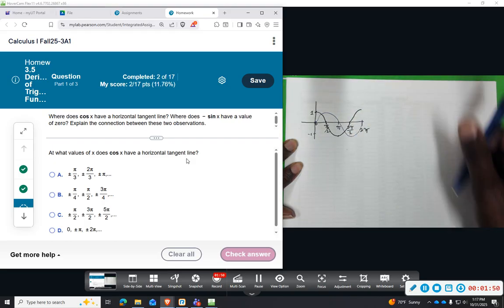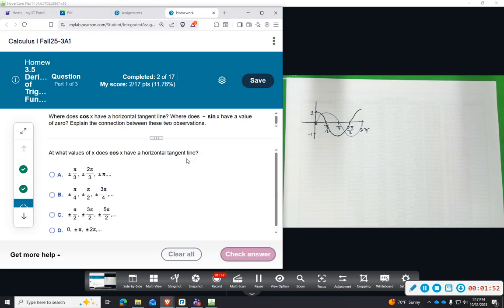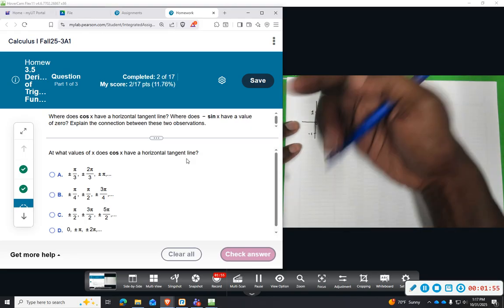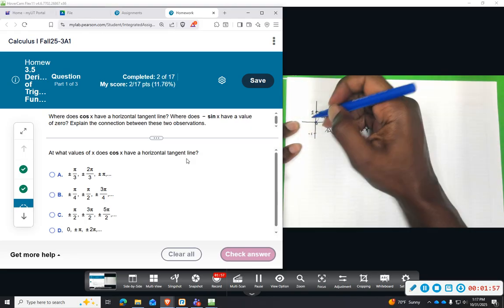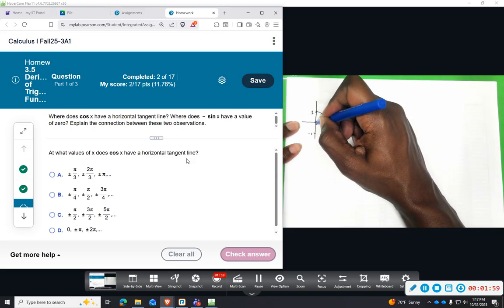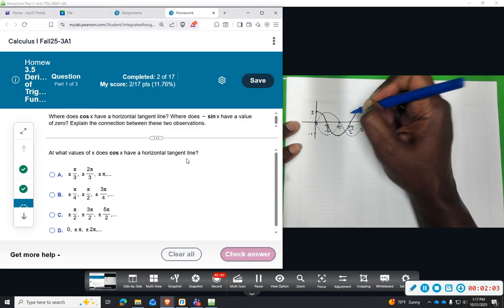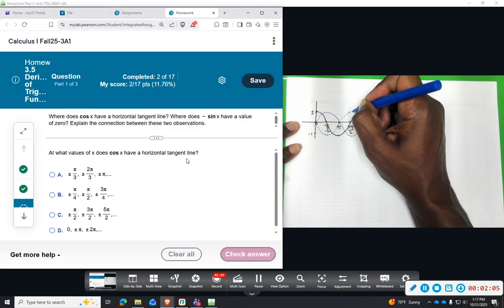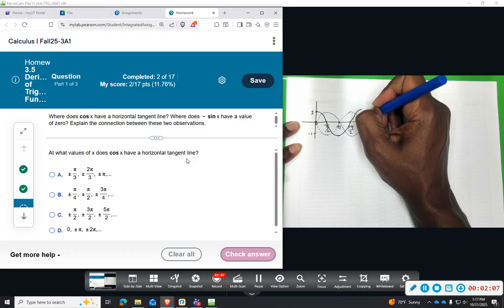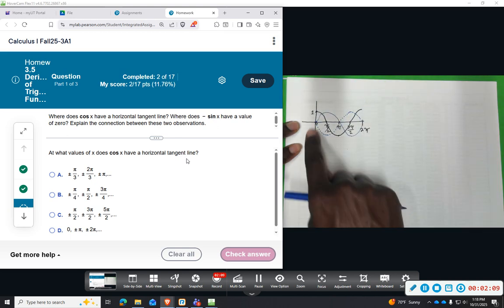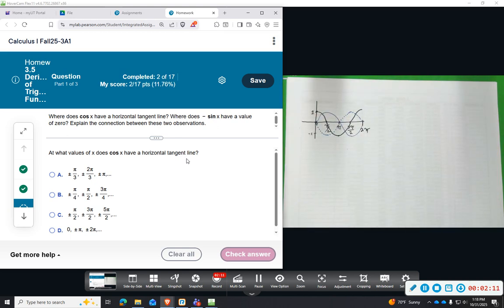So that would be a sine. However, they're asking for negative sine. So negative sine is just going to flip this graph. So it would start going down like this, and then come up here, and then go up here and come back down. So the dotted line and the black line are the ones we want to look at.